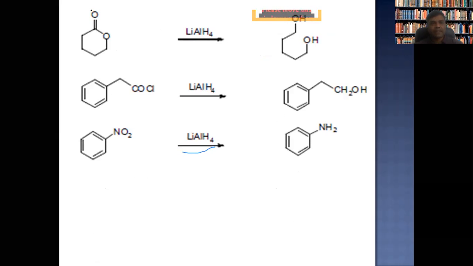This is lactone, cyclic esters. Cyclic ester groups are called lactones. Lactone ring opening reaction takes place where this bond cleavage takes place and reduction takes place.